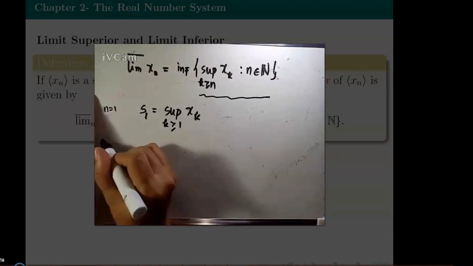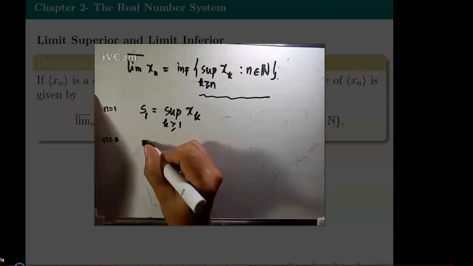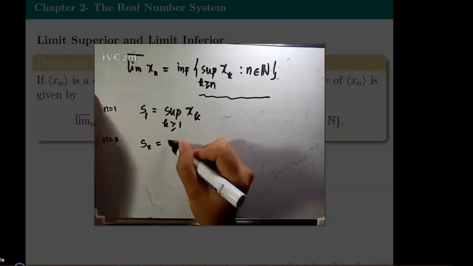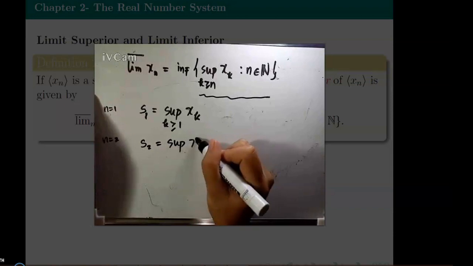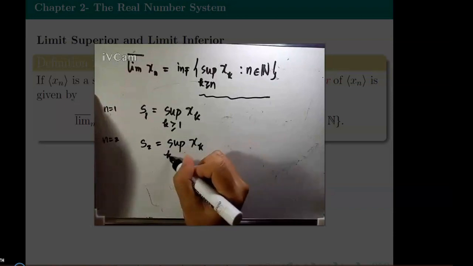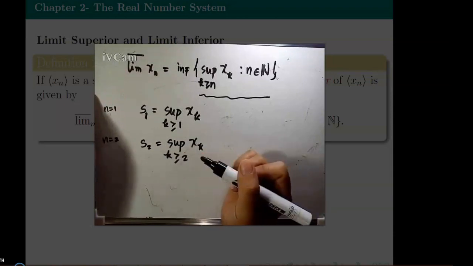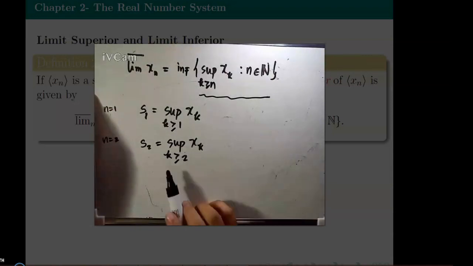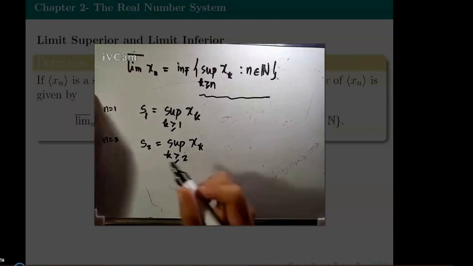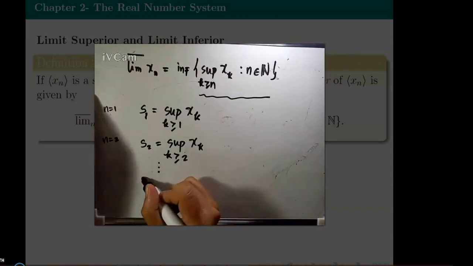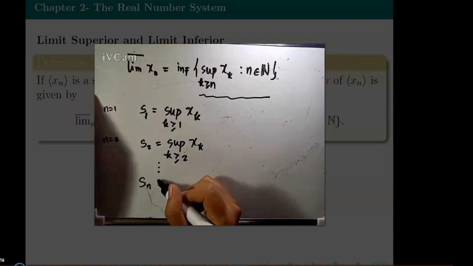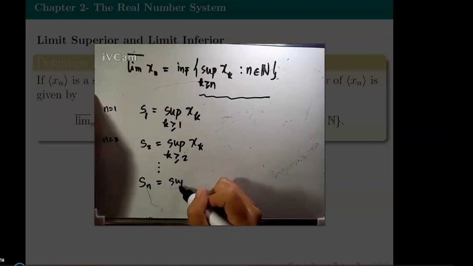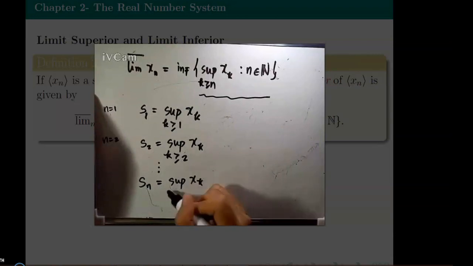Next to that is when n is 2, s sub 2 is the supremum of x sub k, where k is greater than or equal to 2. So we will get another supremum of this sequence such that k is greater than or equal to 2. And so on, s sub n, which is equal to the supremum of x sub k, where k is greater than or equal to n, and so on.